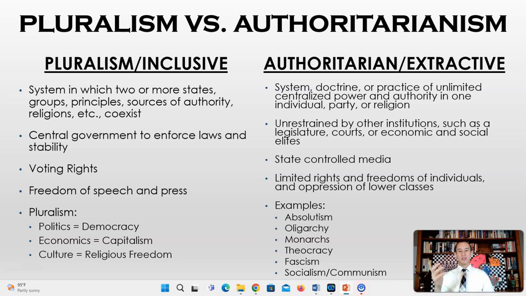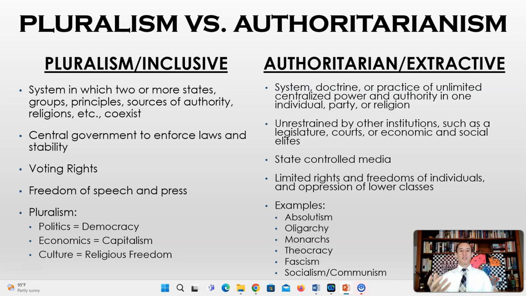Theoretically, those are supposed to be ruled by people, but in practice, every socialist and communist government is an authoritarian state. Whether you're talking about Ho Chi Minh in Vietnam, Russia, currently, obviously, Vladimir Putin, every example of socialist and communist governments that call themselves socialist communists, in reality, they're just authoritarian.